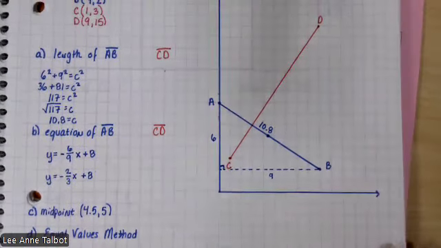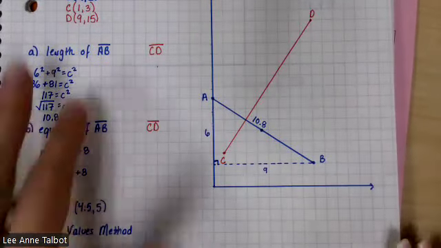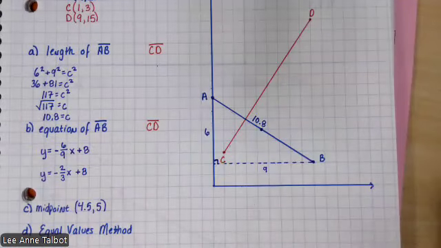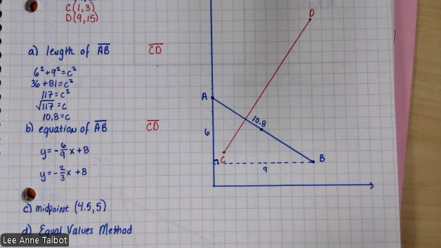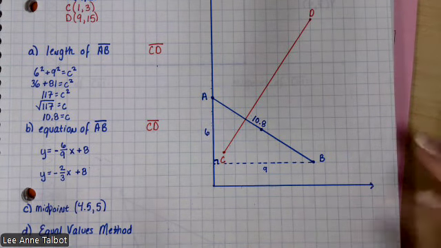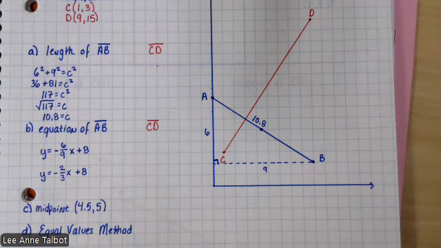Okay. And now I'm going to pause there. Any questions about how I got all of those things for segment AB? You guys sure you're good? Okay, now we're going to repeat the process for segment CD.